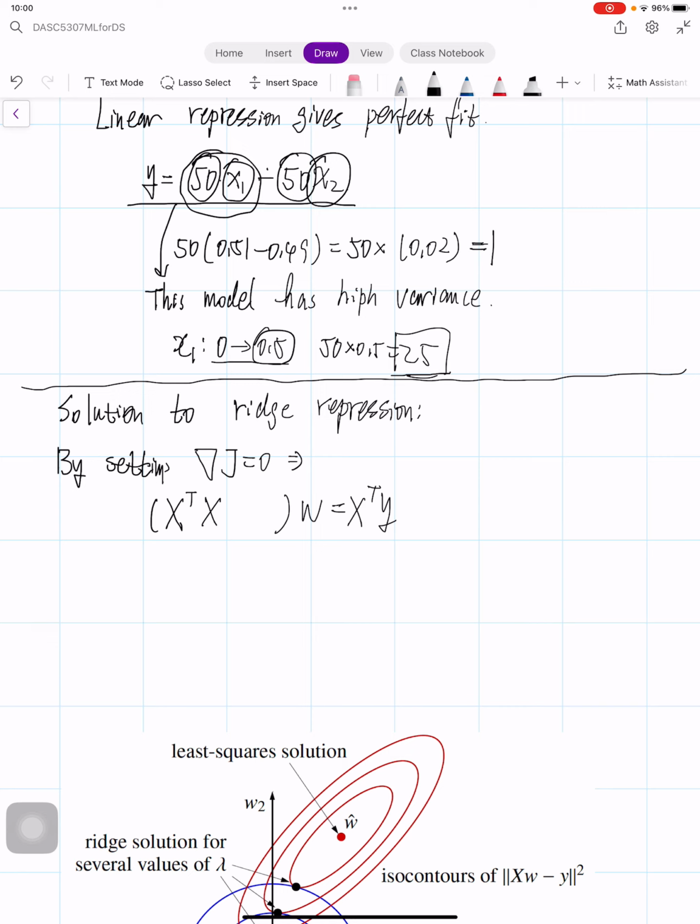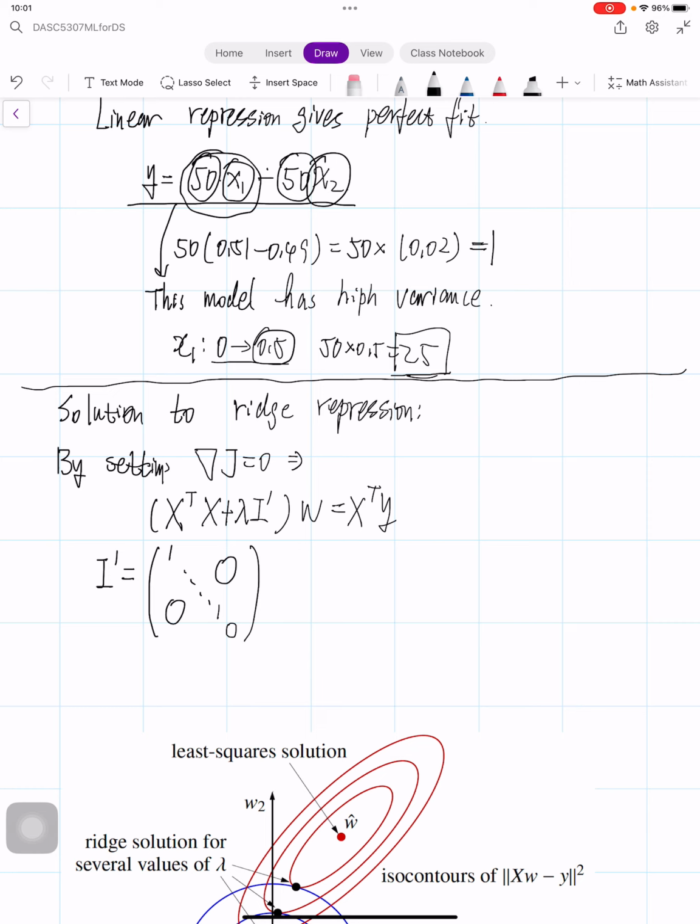But here, a little bit differently, we add lambda times the identity matrix, so X transpose X plus lambda I' times w equals X transpose y. This identity matrix has 1s on the first d diagonal elements, and the last diagonal element is 0 because it corresponds to the intercept.